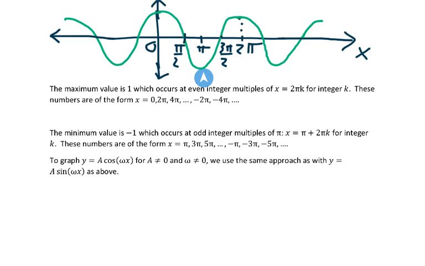Where else does the minimum occur? We can add 2 pi here to get 3 pi. So 3 pi is another place where we get a minimum. If we subtracted over here, we would have negative pi, and that's another place where the minimum occurs. So essentially, you just keep on adding and subtracting 2 pi.